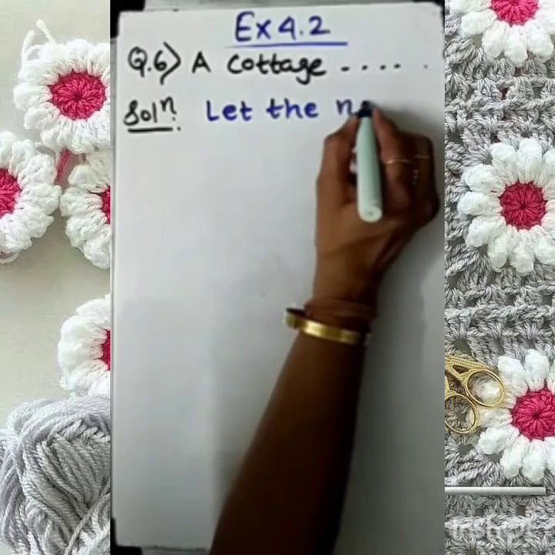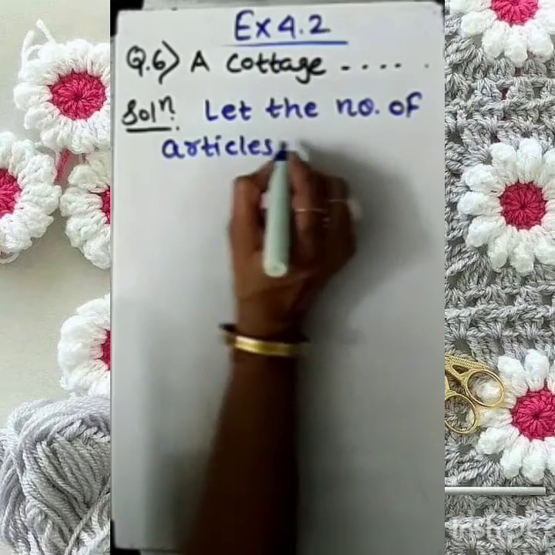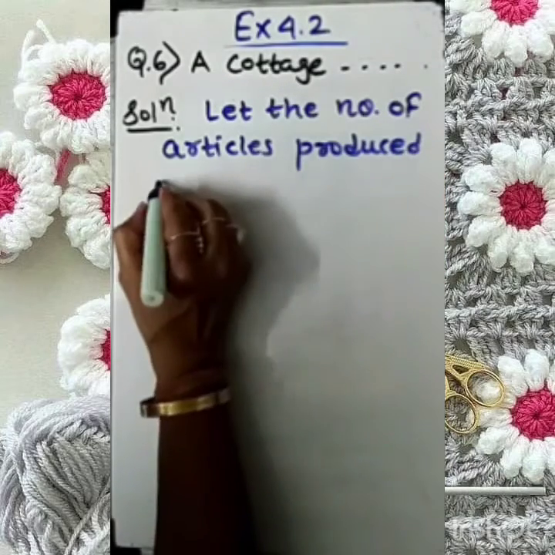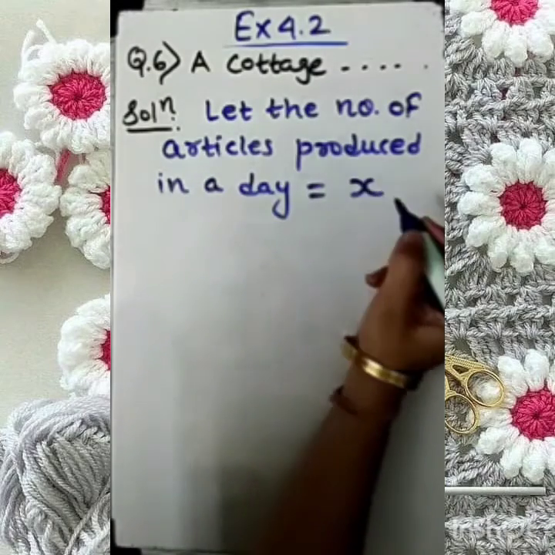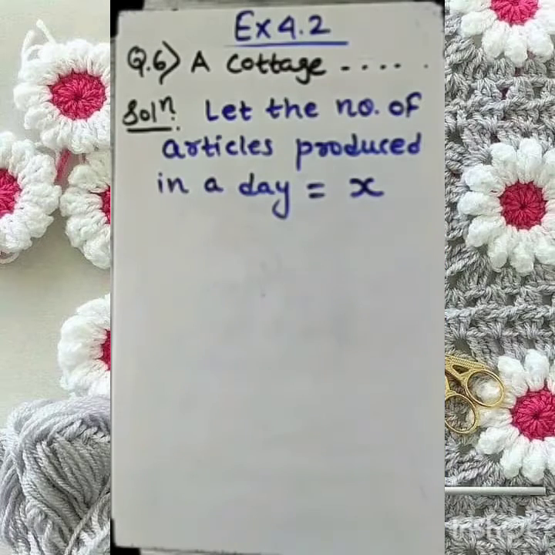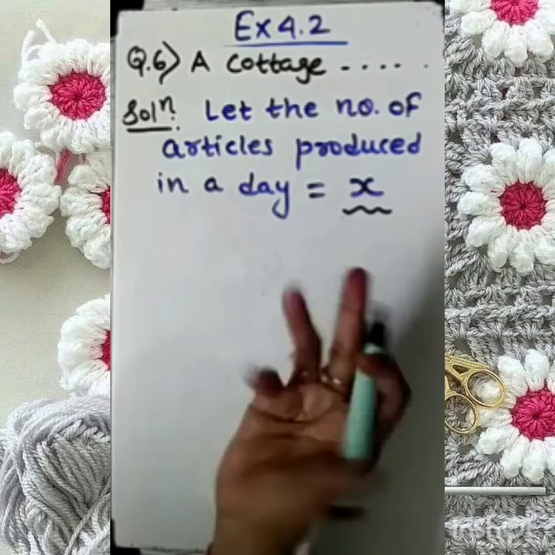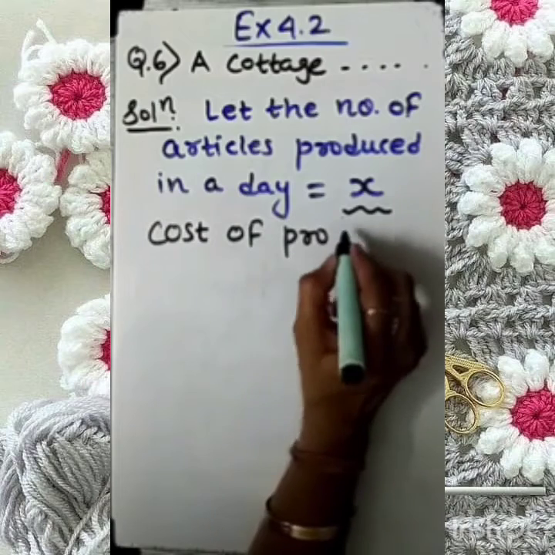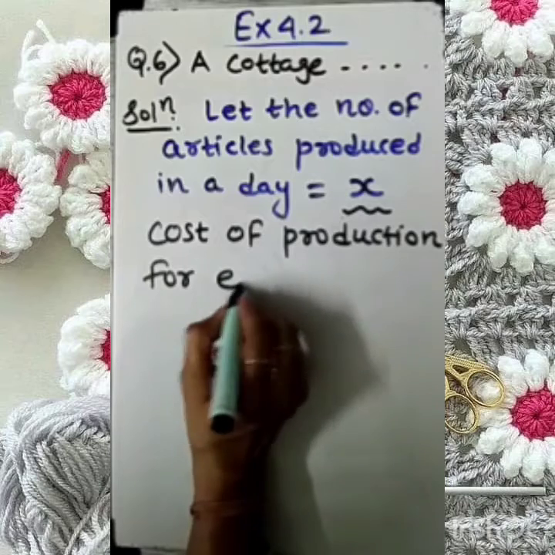Let the number of articles produced in a day be X. Means how many articles they are producing, that we are considering as X. Okay. Now, the cost of production for each article, how will we consider it? So we will start with the cost of production for each article, that we need to find.